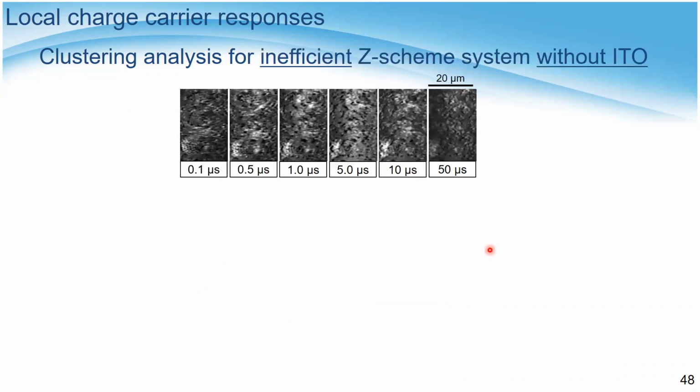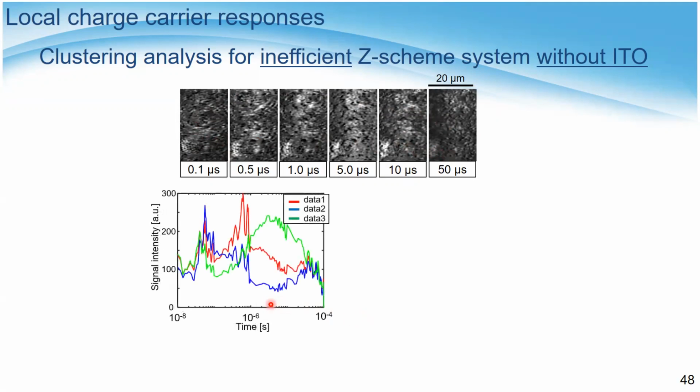However, if we use the inefficient Z-scheme system, meaning that we intentionally remove the ITO as a charge mediator, in this case, we still have some charge response images. By analyzing this, we could still find 3 similar categories of responses.